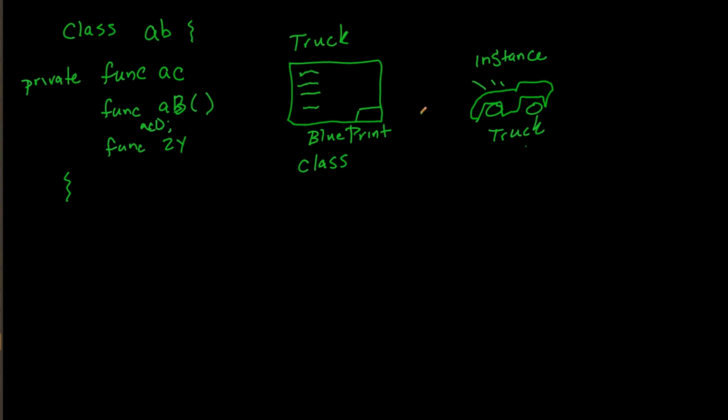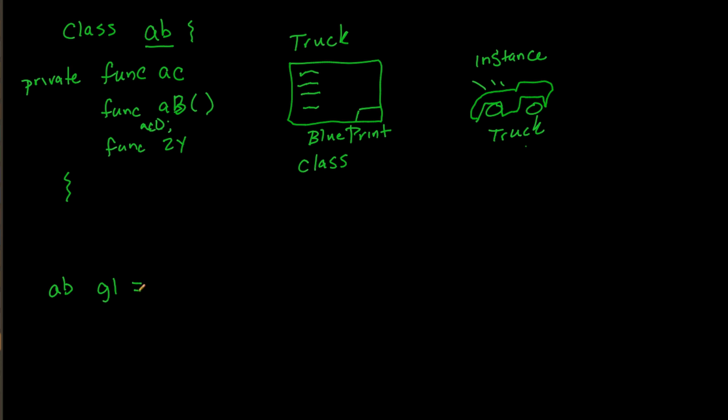So you have to get in your head the difference between having a class and having an instance of that class. As an example, we have class AB right here. At some point, I'm going to come down here and create a variable. You remember how we created a variable of type int. Now I'm going to create a variable of type AB. So I'm telling it that it is a type AB class. I'm going to call it G1.